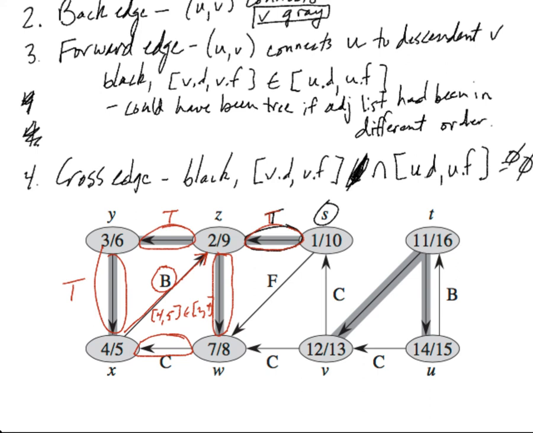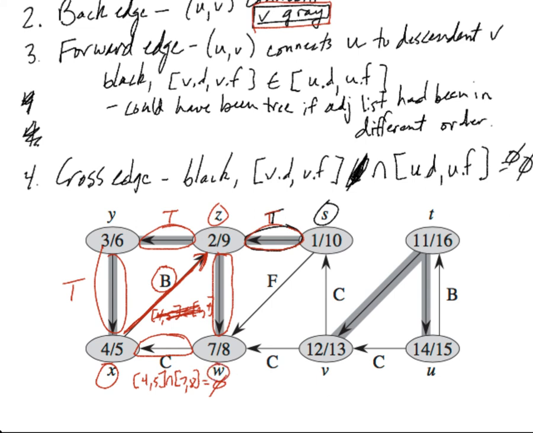And so we know that it's a cross edge because 4, 5 intersection with 7, 8 equals the null set. Let me back up a little bit to node X. When we visited the edge back to Z, we didn't even have to check this because Z was gray, and gray is always a back edge. Okay, so back to W.